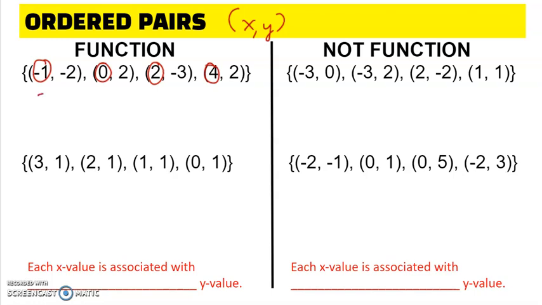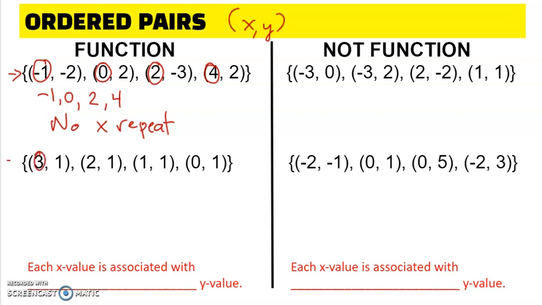Okay, so we have -1, 0, 2, and 4. None of them repeats. We have no x repeats. That's why this set of ordered pairs, this set right here, is a function, because none of my x values are repeating. All right, let's look at the next example.